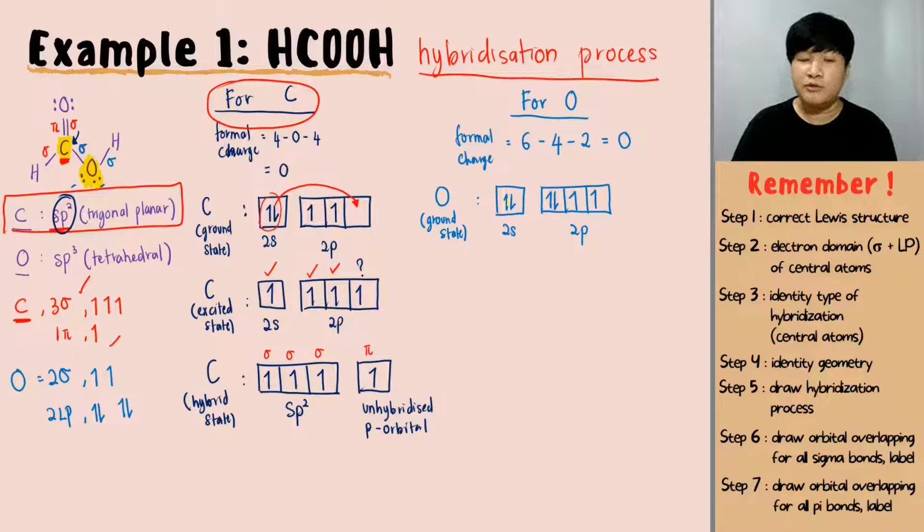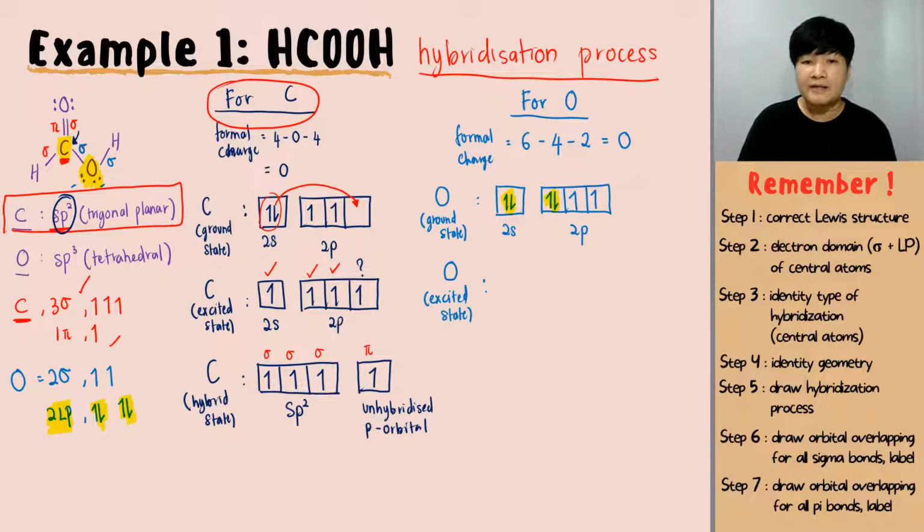And I hope you can see in your ground state, that is the 2 pair up electron that we need. Okay, because of this 2 lone pair, you need to have 2 pair up electron for your oxygen central atom. Therefore, your oxygen excited state, if you realize, will have no changes.